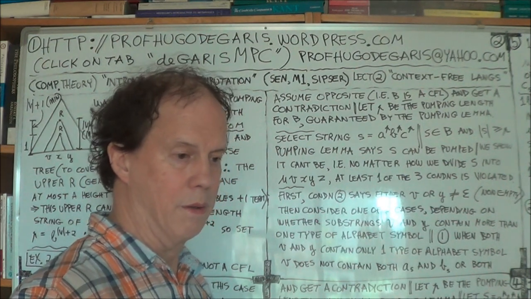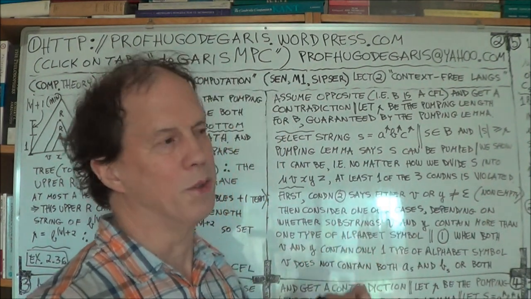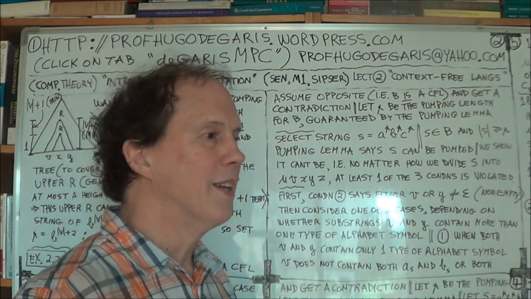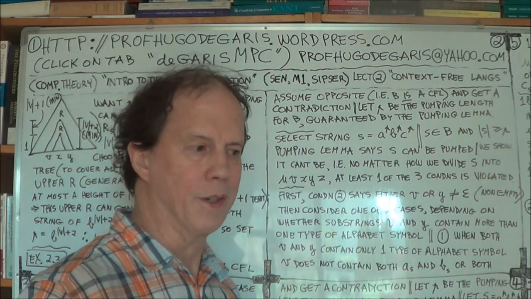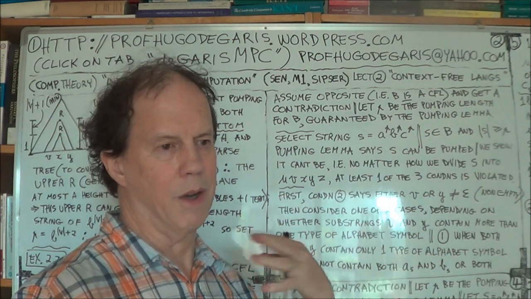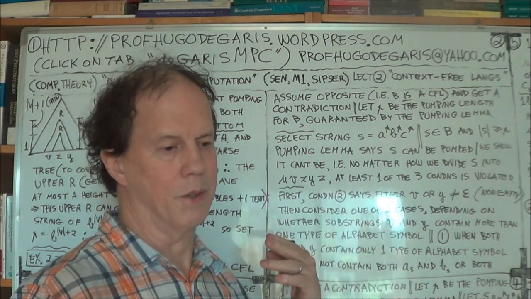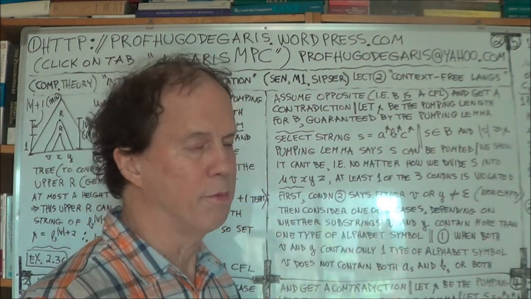And the style of the proof, as usual, we've done it already 5 times, we'll do it 3 more times, will be proof by contradiction. In other words, assume the opposite and derive a contradiction. Therefore, what you assumed is false. The classic proof by contradiction.